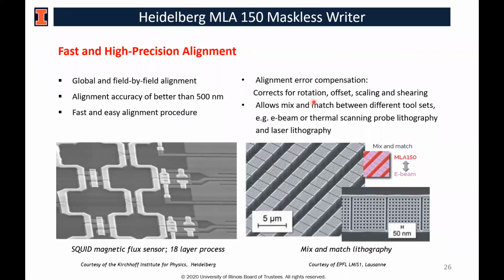It corrects rotation, offset, scaling, shearing, and allows mix and match between different tool sets. For example, if you have a typical sample that was generated on a typical MJB3 aligner, we have the ability to mix and match with the Heidelberg system so that we can match if there's any type of scaling problem, a magnification error. This system offers the ability to make those adjustments so that we have perfect alignment between die to die.